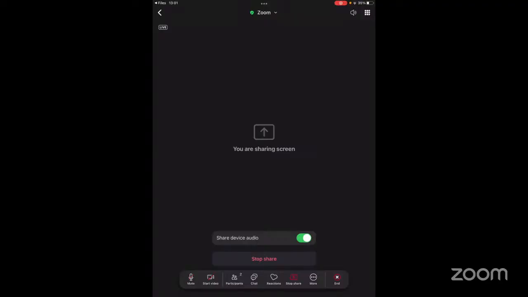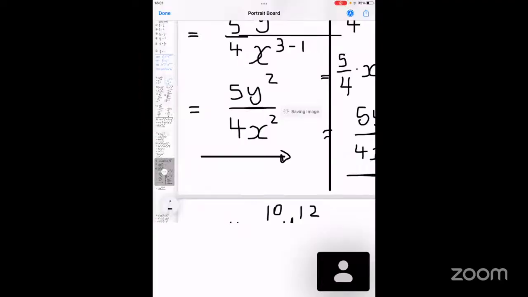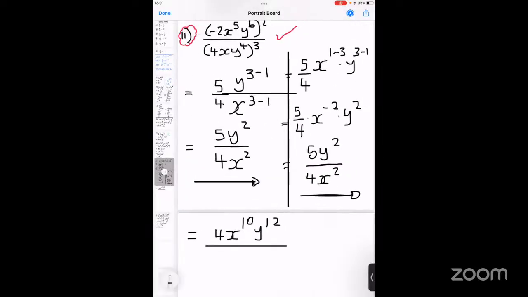Okay. Manahil, sorry about that. Let's see. So let's start on this part, Manahil. What did you do on the denominator?